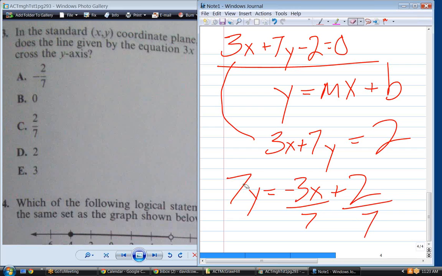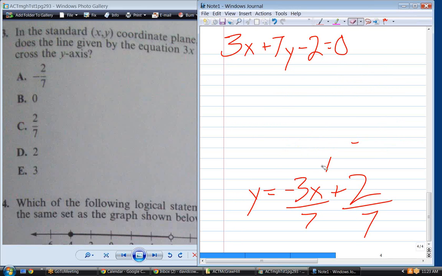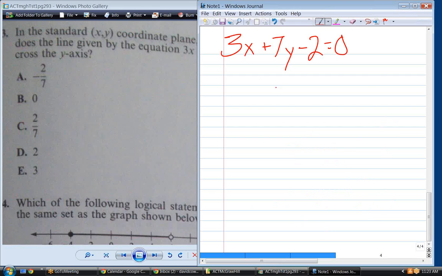What's the y-intercept? 2/7. Okay. Now, there's actually a slightly easier way to do this. If I move the 2 to the other side, the y-intercept comes when?